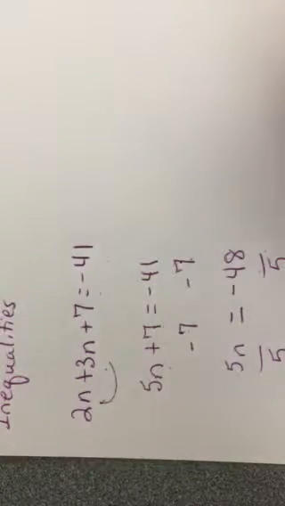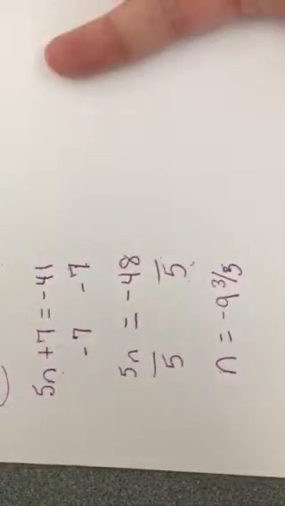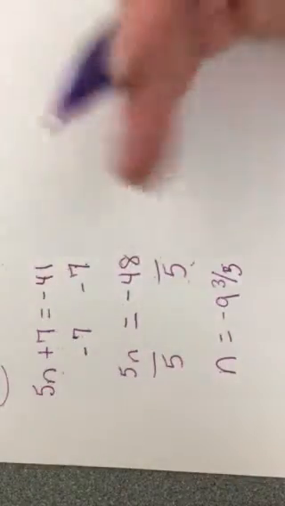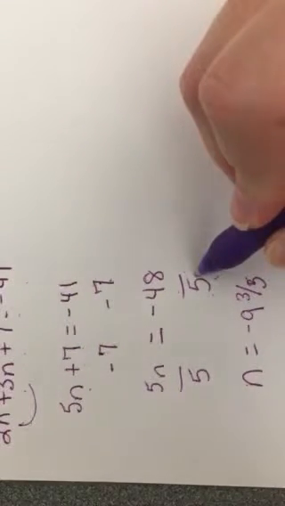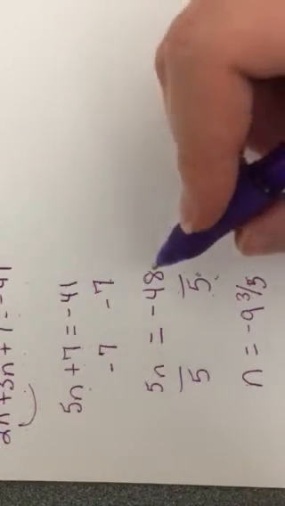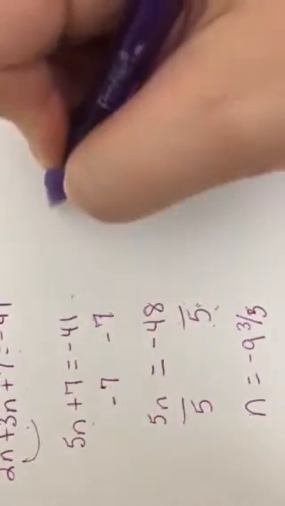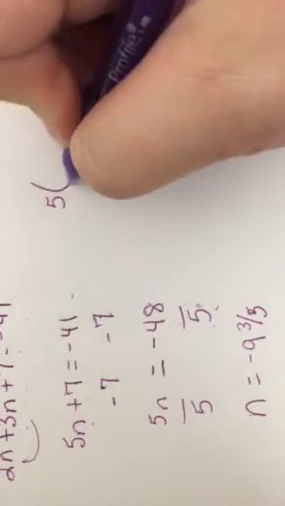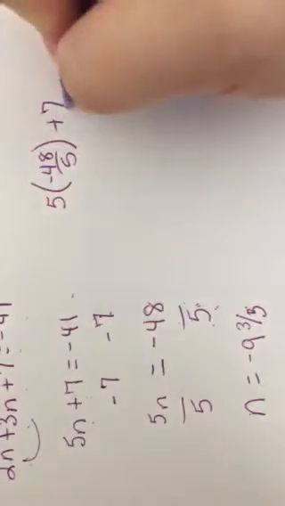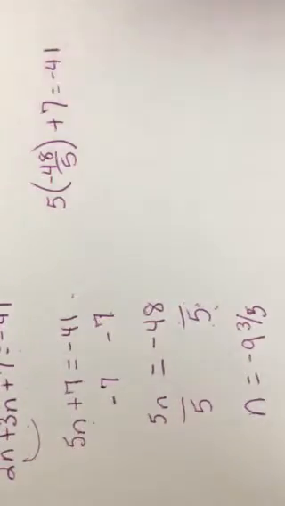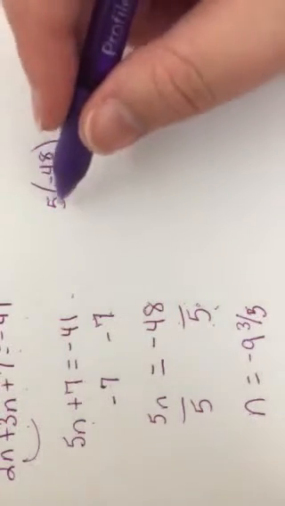Okay, so you always want to double check your work, right? You can always substitute your solution back in and make sure that it works. So if we substitute back in, I'm going to actually substitute in the negative 48/5. I think that will make our life just a little bit easier. So I'm going to substitute that back up here into 5n plus 7. So 5 times negative 48/5 plus 7 equals negative 41.